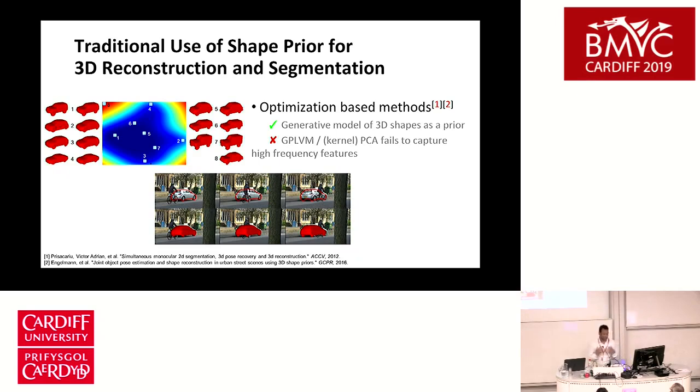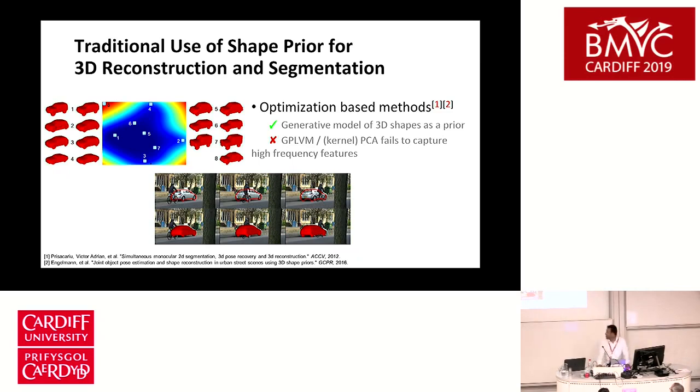This gives this approach a way to generate any particular 3D shape, so one of these cars, for instance, and then search this latent space to find out which point will give me a shape combined with the pose, which will be consistent or most consistent with my silhouette.